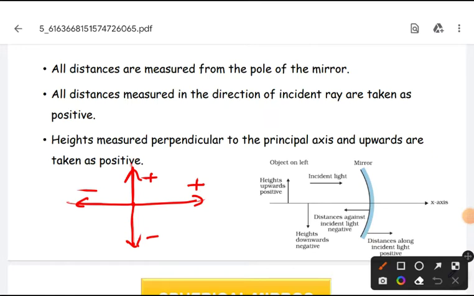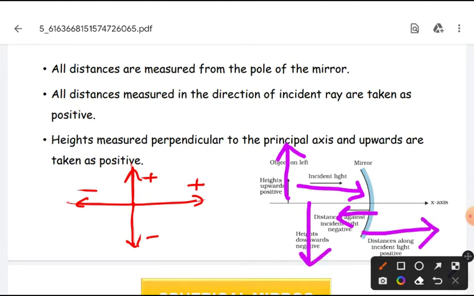The light goes like this, it's positive. If it goes like this, it is negative. If it goes like this, it's positive, it's negative. This is positive.